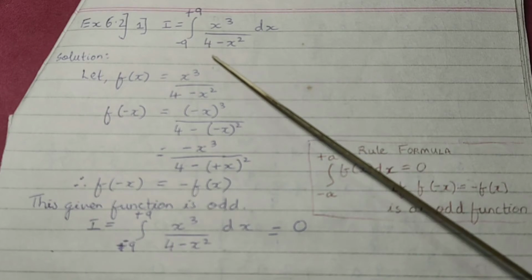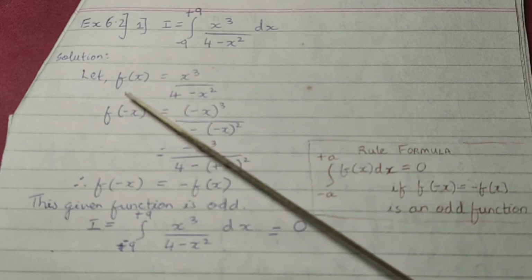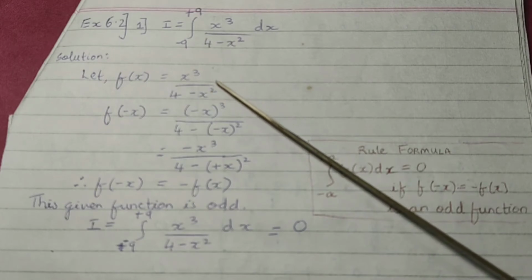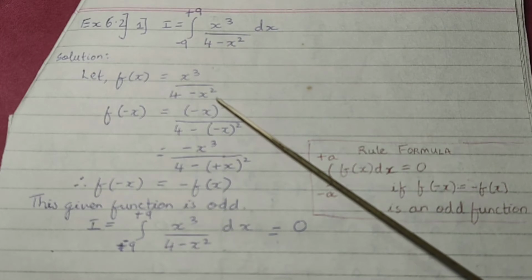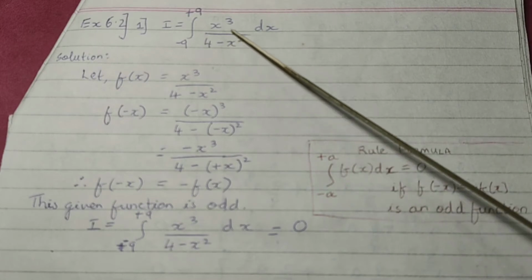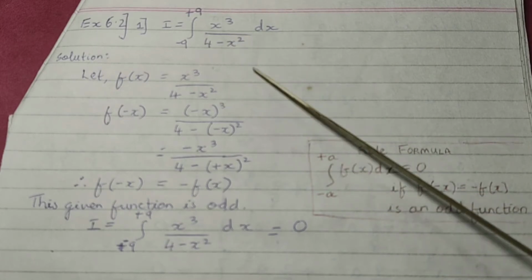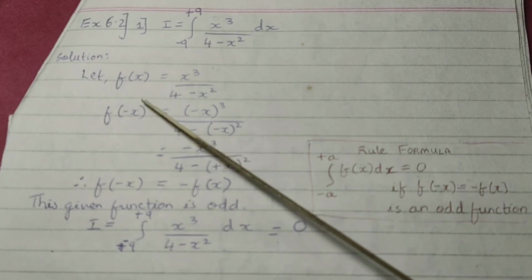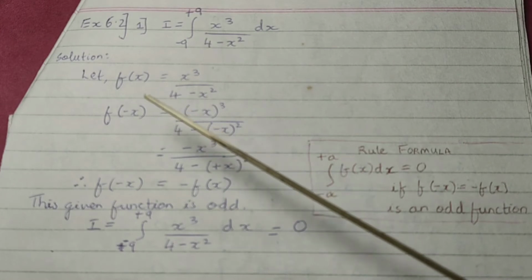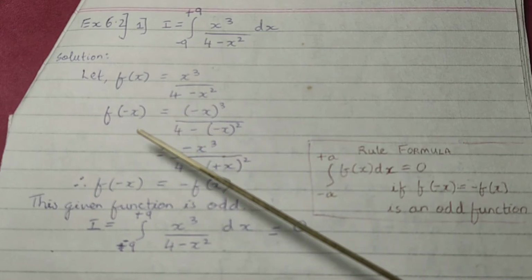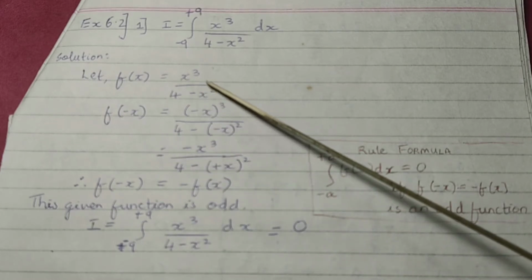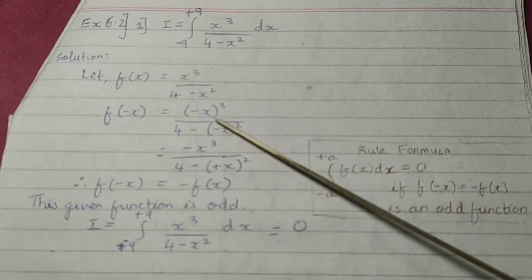F of x is equal to, we have to take the function of x, x cube divided by 4 minus x square. This is the question itself we have copied. Now if we put a minus term over here, f of minus x is equal to, everywhere where we have x, we have to put minus x.